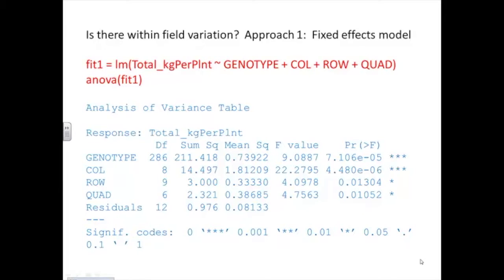But basically, I'm just putting these in as main effects, and I'm asking whether there's any variation explained by those main effects. And the answer is yes to all of them. Right? So I have variation in my field across columns, rows, and quadrants. So I should be thinking about correcting my data for those.